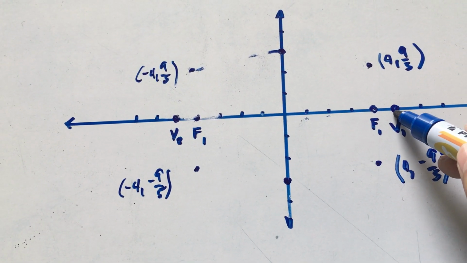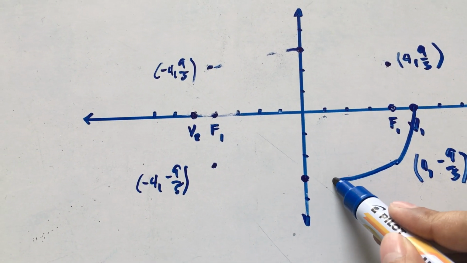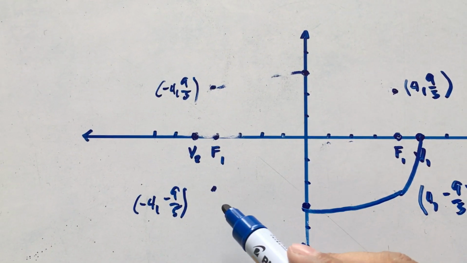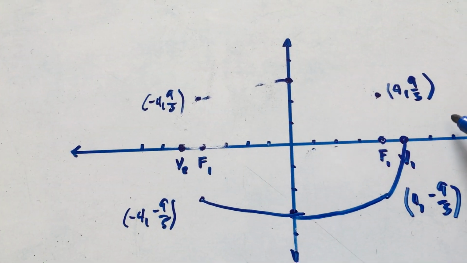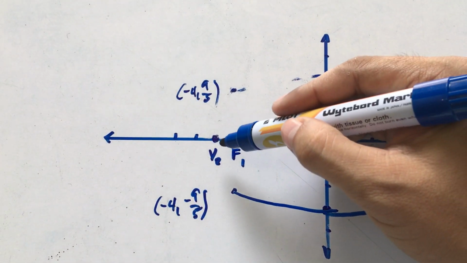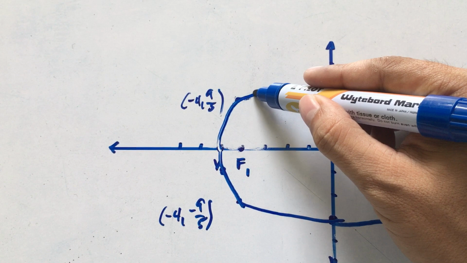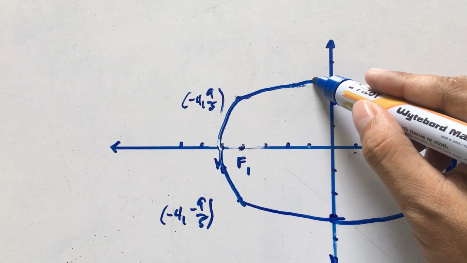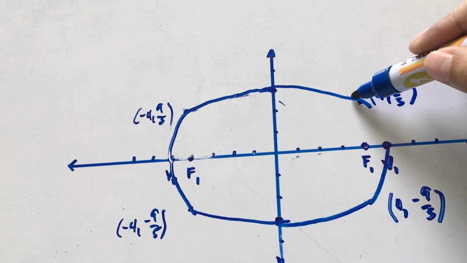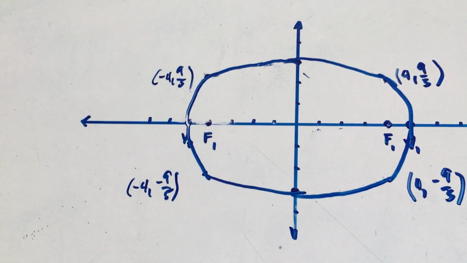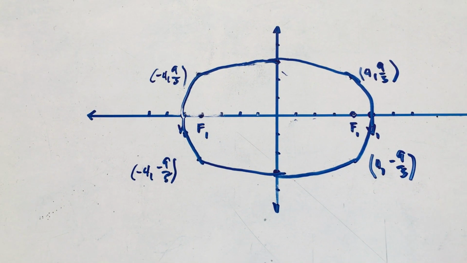So again, the vertex padung sa one of the endpoints, then padung na pod ka sa value sa B or the minor axis. The minor axis connect. So dili kay perfect atong ellipse, but at least we tried, no. And then the V padung diri, then padung diri na sad. Okay, then connect as well the points, then connect as well. Okay, so more or less, no, that is the graph of our ellipse, no, with that certain equation.